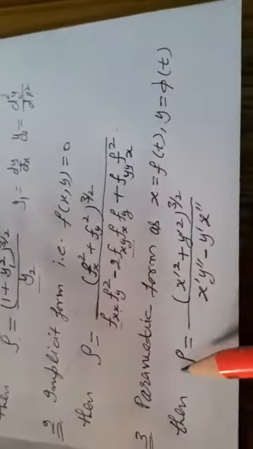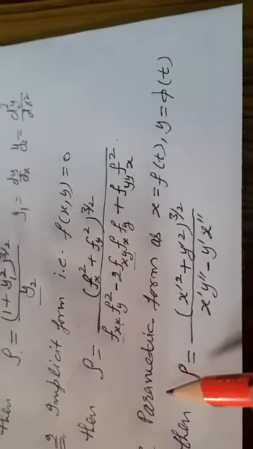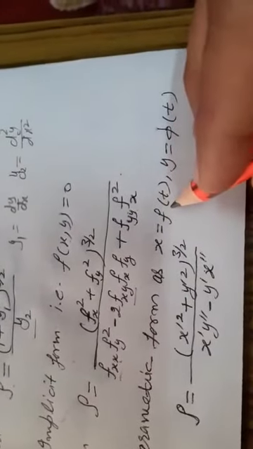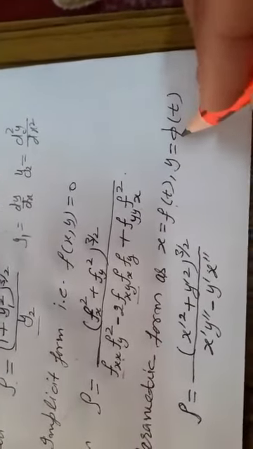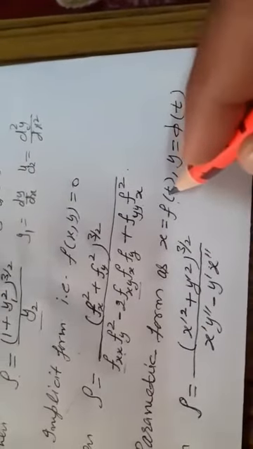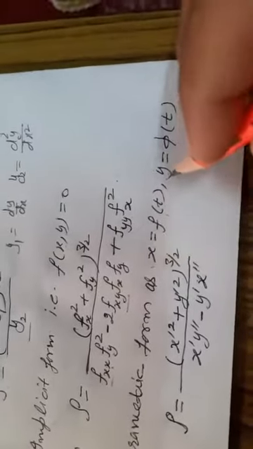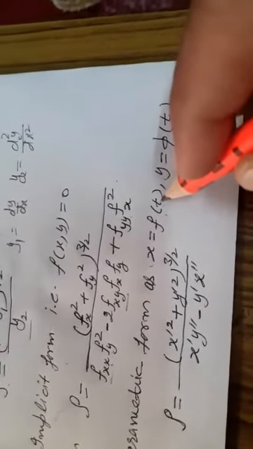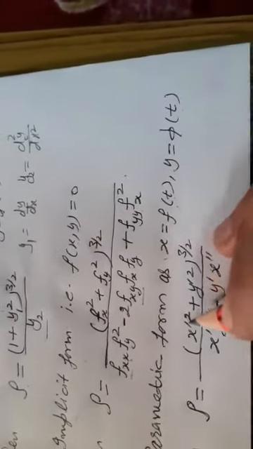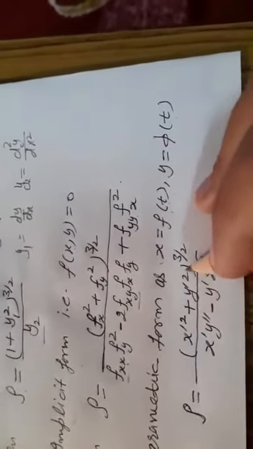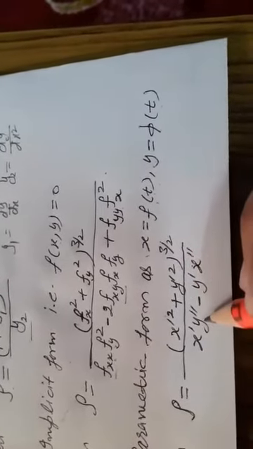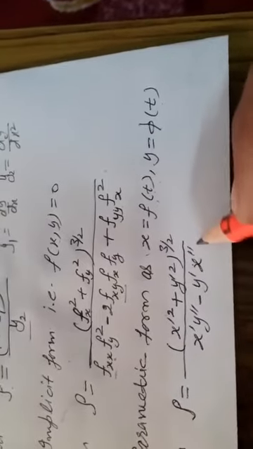In the third case, if the equation of the curve is given in parametric form, like x is equal to a function of t, y is equal to another function of t, here t is called the parameter. To create the relation between x and y, we take t as a parameter, and the radius of curvature in this form is given by (x dash square plus y dash square) whole raised to the power 3 by 2 upon (x dash y double dash minus y dash x double dash).